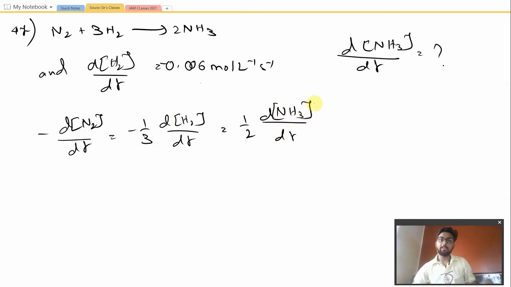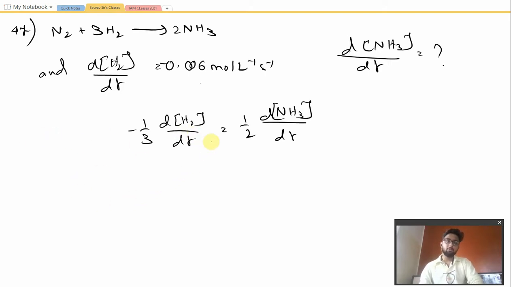This would be the differential rate law for this equation with respect to all the species, that is N2, H2 and NH3. We can cancel out the N2 one because its value is not important for this question. The rate of change of concentration of H2 is given, and the rate of change of concentration of NH3 is required. So let us delete the N2 term from the equations.